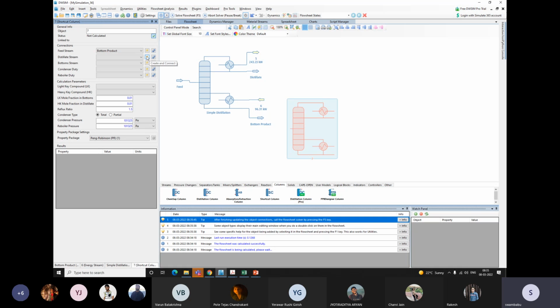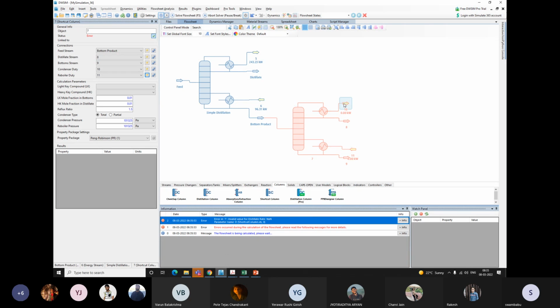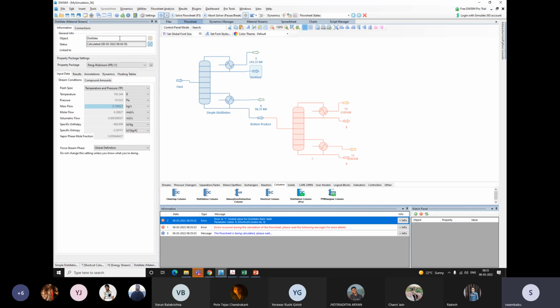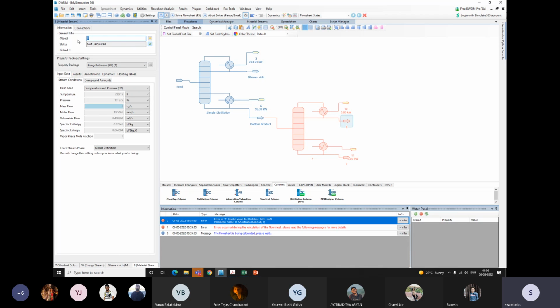And here we need to create the distillate stream, again the bottom stream, condenser duty, and reboiler duty. So here, let's say this is ethane rich, that is, the majority is ethane. Then I want to make it propane rich.